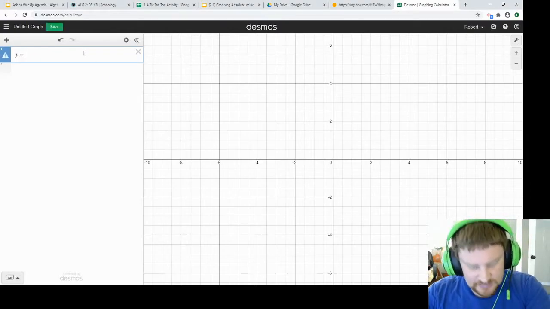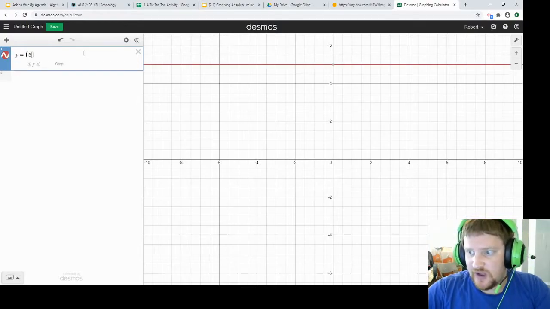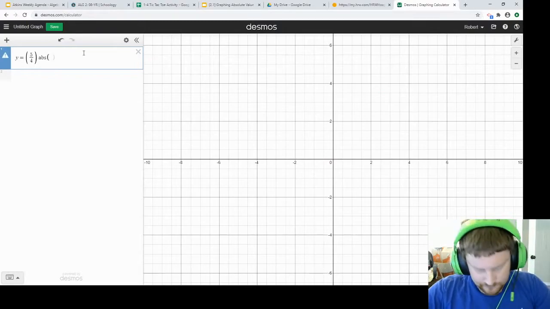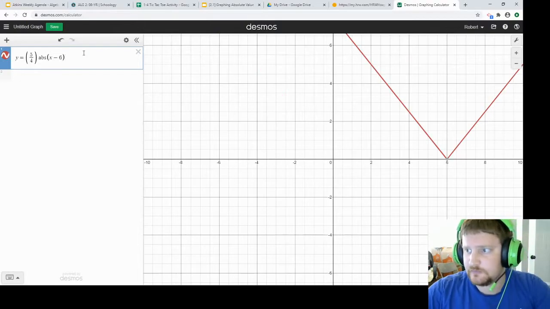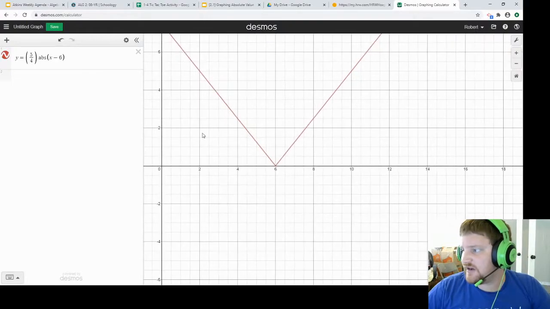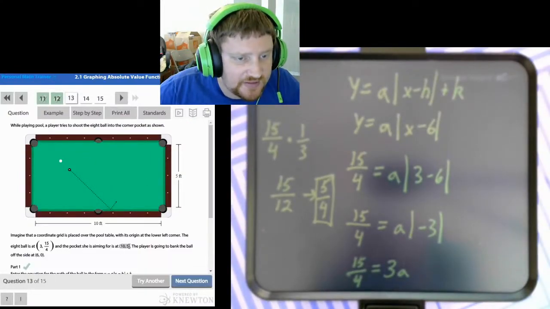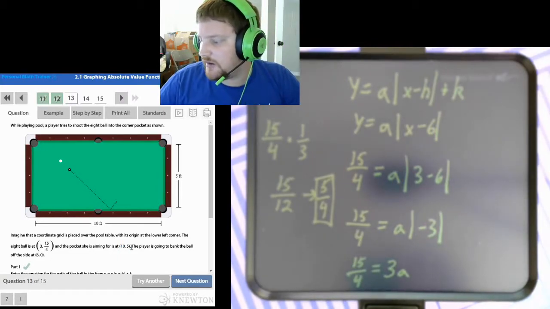We had y equals 5 over 4 times the absolute value of x minus 6. And then we're going to use this graph to decide if the value that they were asking about, which in this case was, as you will recall, 10, 5, right here, is on that spot.